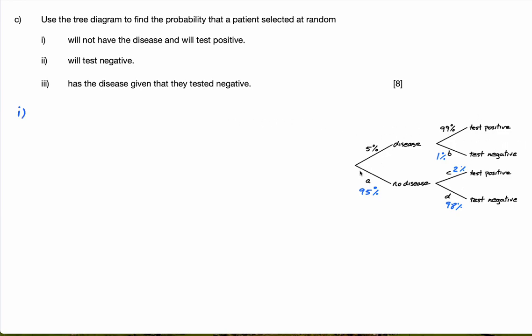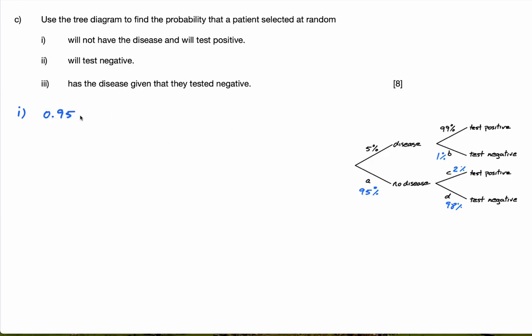But to find that they will not have the disease and will test positive, you go no disease, not have the disease, and test positive. So we're going to say not have the disease is 0.95.